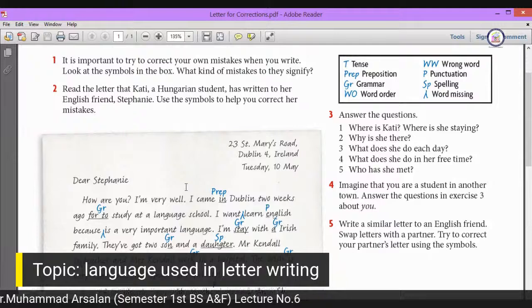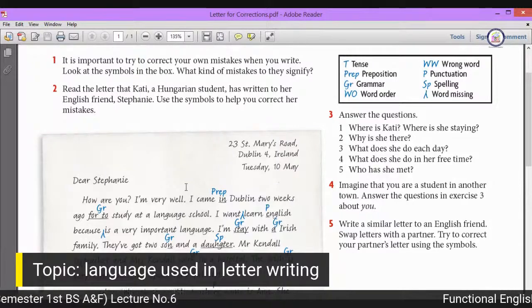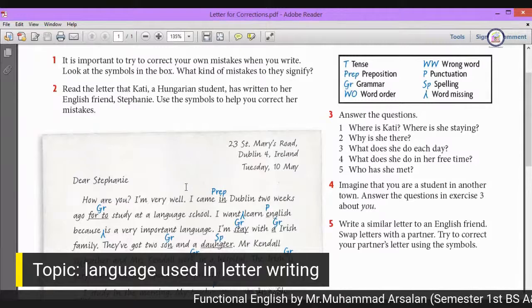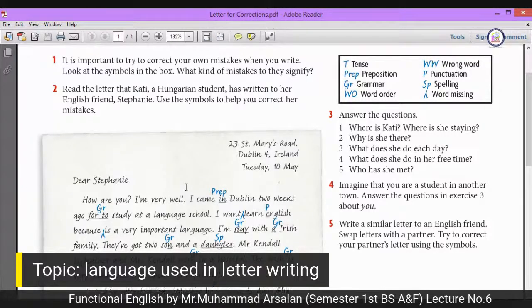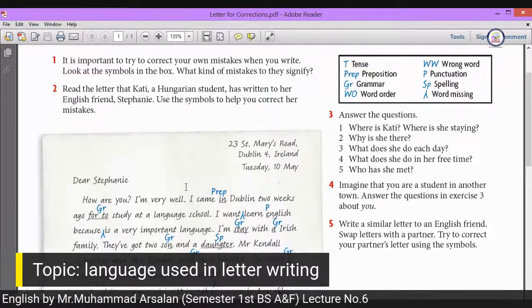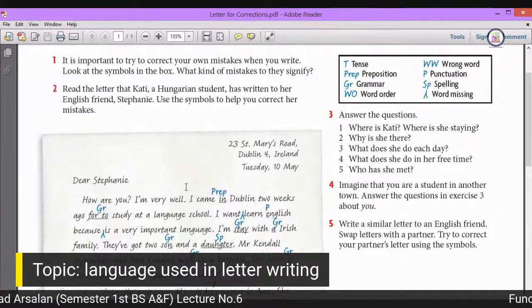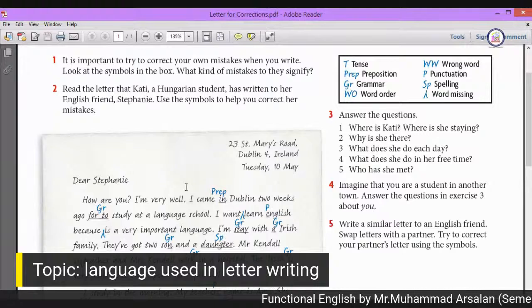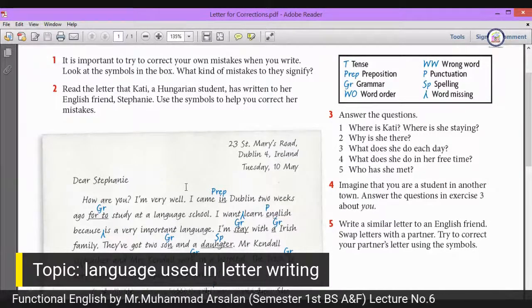Number one thing, the informal letters are also known as personal letters. Number two, these letters are usually written to friends and family. And there is one more type of informal letter which is known as the personal letter or the diary.